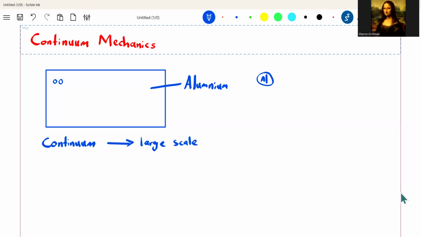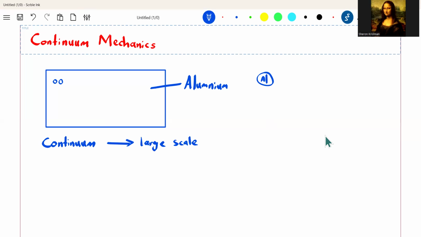For example, in civil engineering applications, buildings, bridges, roads, we deal with very large scales. If you consider the element level, let's say one wall, one beam, one slab, these are large scale objects. So we need not worry about these very small scales, that means atomic level scales. In this case, we can assume our matter is a continuum.